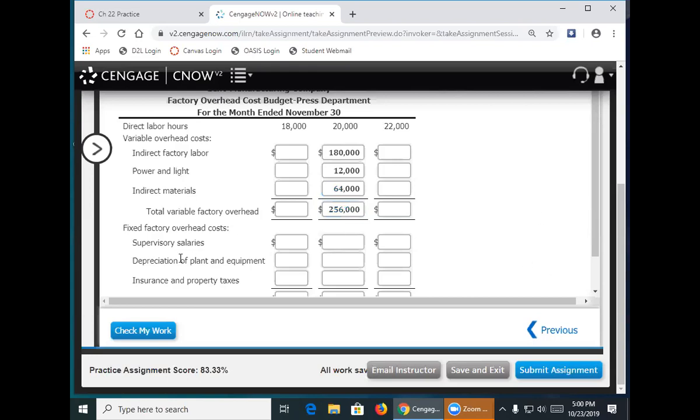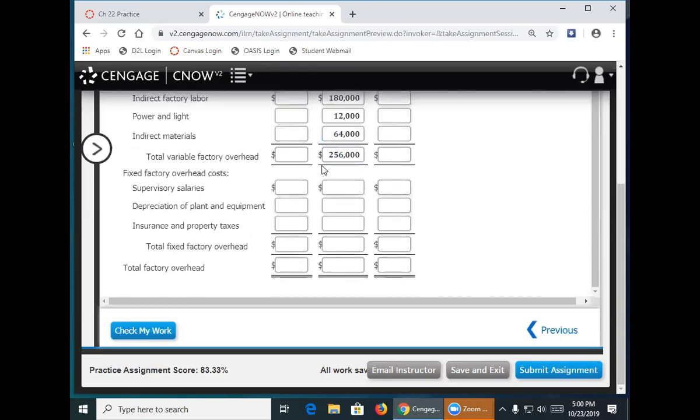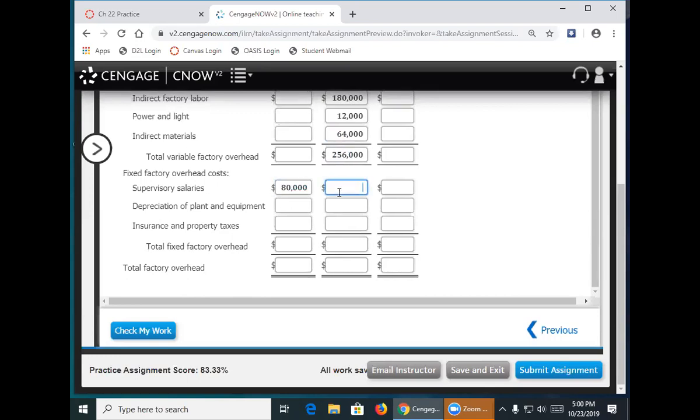And then our fixed. Well, we know fixed is the same under any level, right? So I can fill in the whole fixed, which makes life even better. So we really don't have a lot we have to calculate. Supervisor salaries are 80,000, so it doesn't matter what level of production.